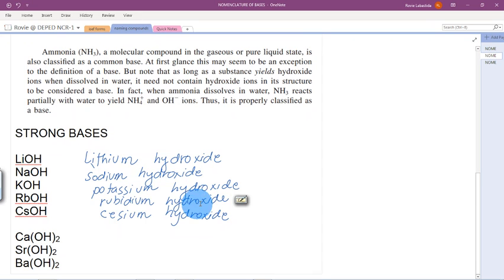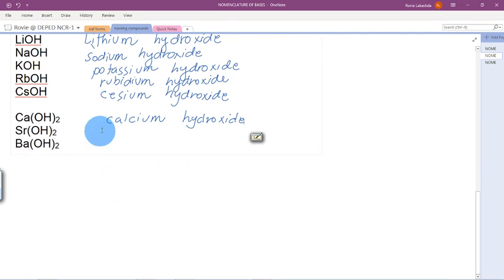Alright. How about this one? Ca(OH)2. What is the name of the metal? Ca. That is calcium. And add the word hydroxide. Okay, how about Sr(OH)2?